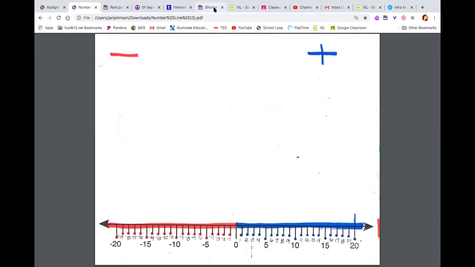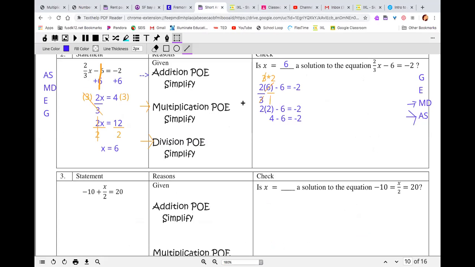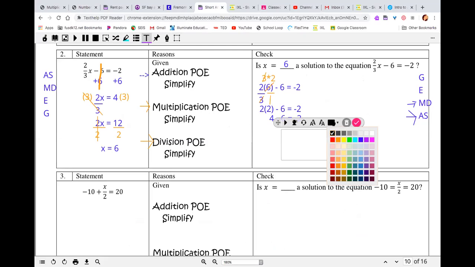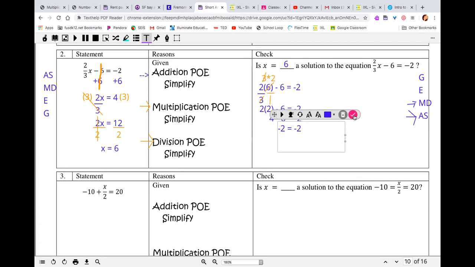Okay. So now I'm looking at negative 2 equals negative 2. So do they match? Yes. So if this was negative 1, and it would say negative 1 equal to negative 2, you'd say no. And then you'd have to go all the way back here to find your mistake, right?